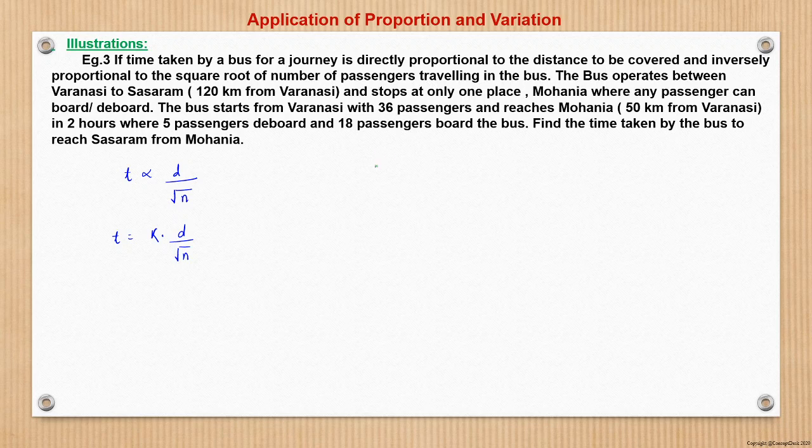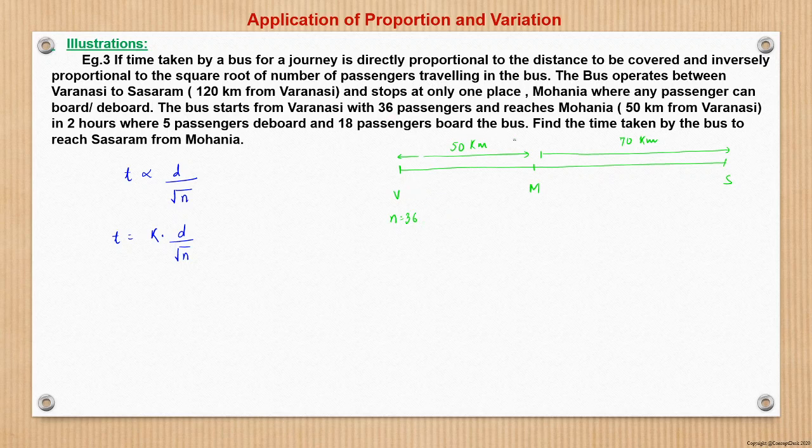So suppose this is Varanasi. From Varanasi, it goes to Sasaram, and in between somewhere is Mohania. This distance is given as 50 kilometers, and from Mohania to Sasaram is 70 kilometers. It starts with n equal to 36 passengers when the bus starts from Varanasi.